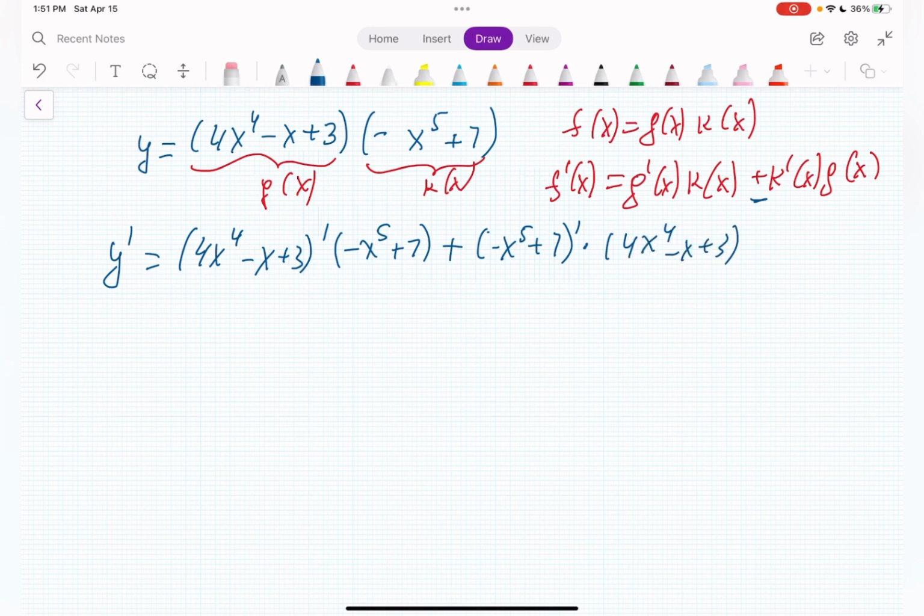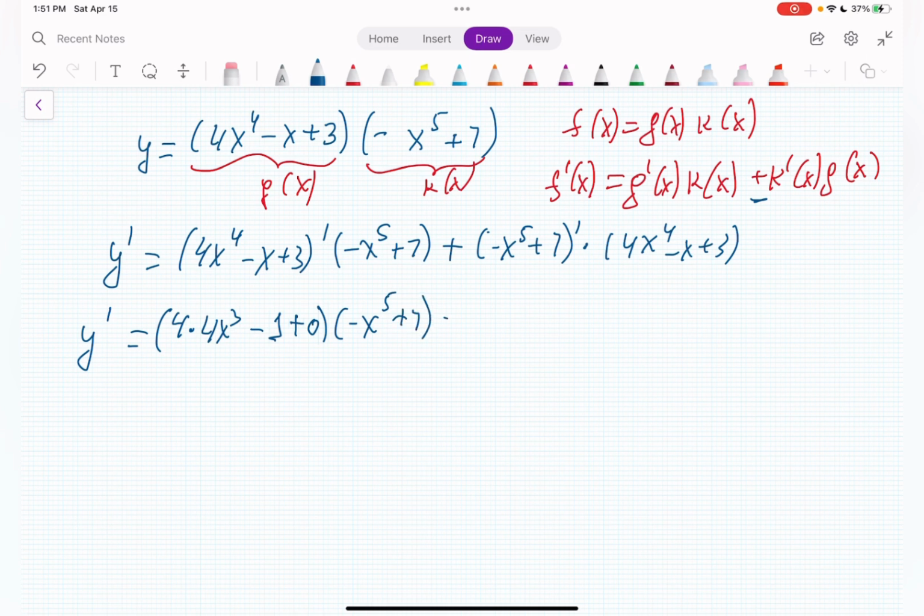All right, let's work it out. The derivative of 4x to the 4 is 4 times 4x cubed, right? Minus the derivative of x, which is 1, and plus the derivative of 3, which is 0, times negative x to the 5 plus 7.